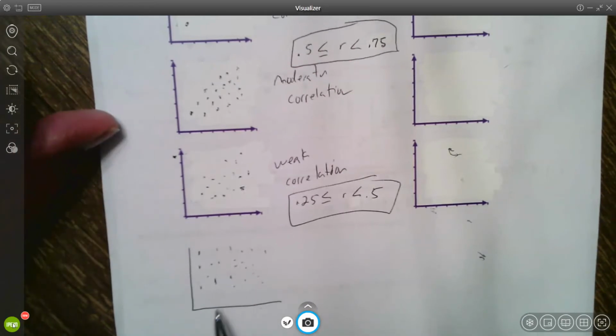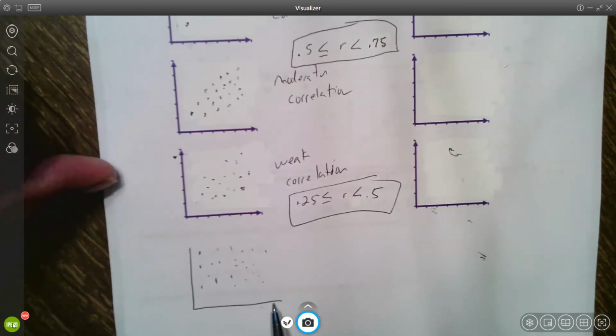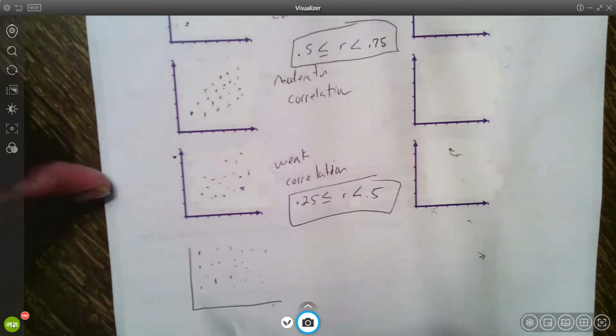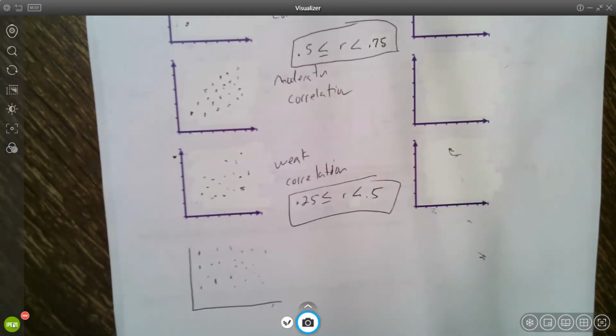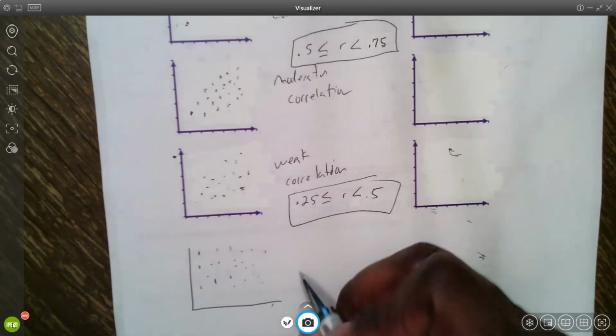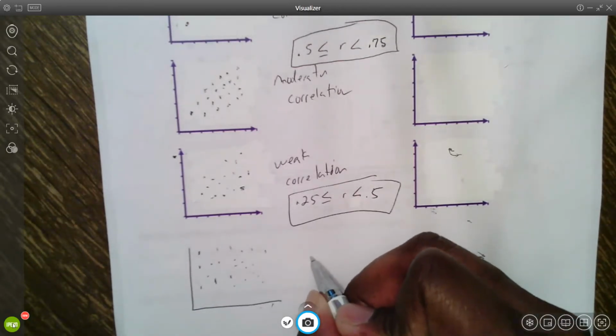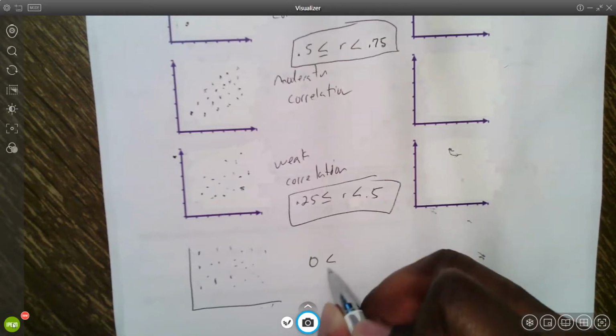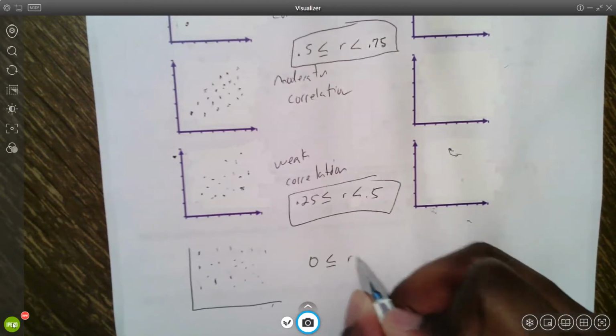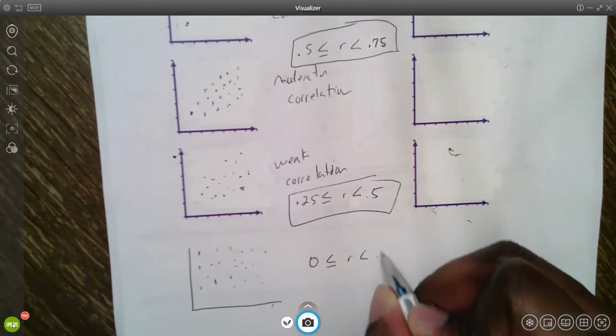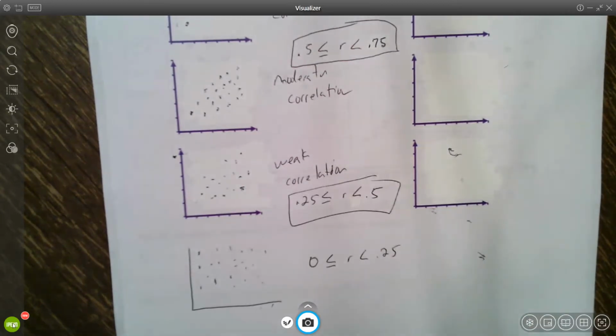Something like, let's say you had the price of gas in Mexico and the price of tea in China. They probably have no correlation. They're probably not related to each other. Probably have nothing to do with one another. So this is if r is between 0 and 0.25. Anything less than that, we say it's no correlation whatsoever.